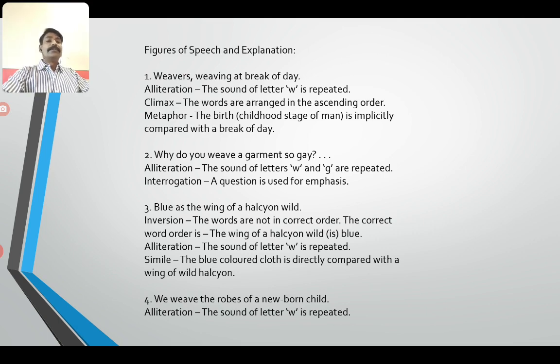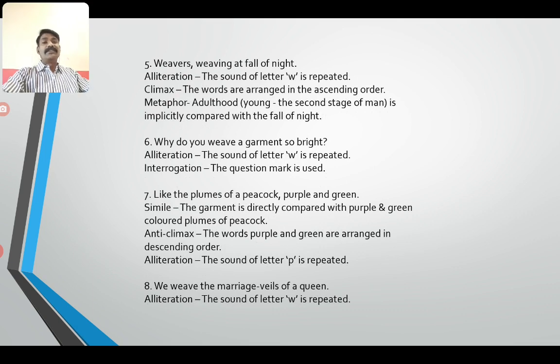"We view the robes of the newborn child." Once again, alliteration, because the sound of the letter W is repeated. "Weavers weaving at the fall of the night." Alliteration once again, the W word is repeated. It's happening again and again in the poetic lines.